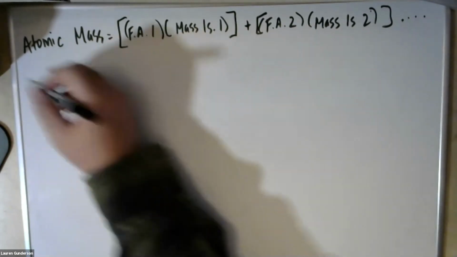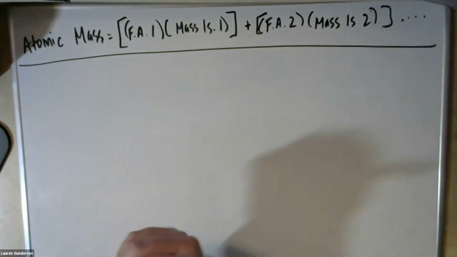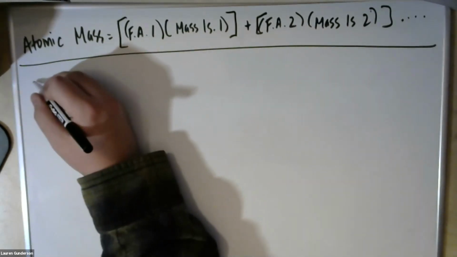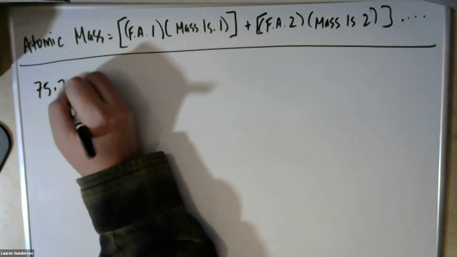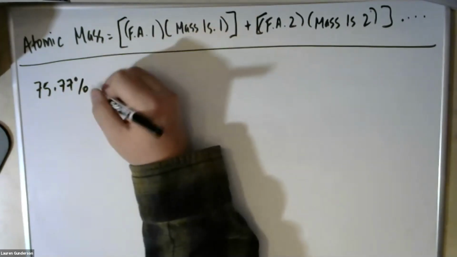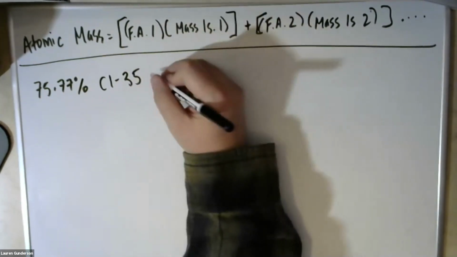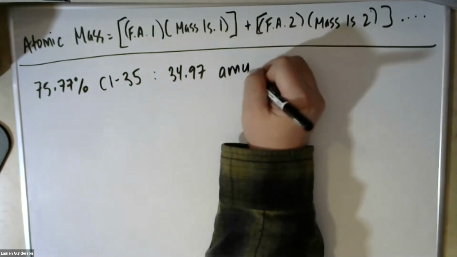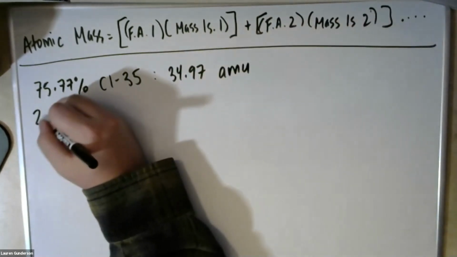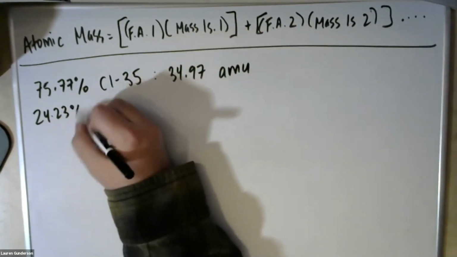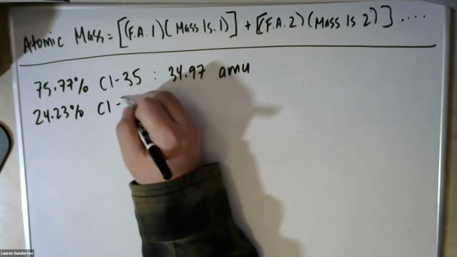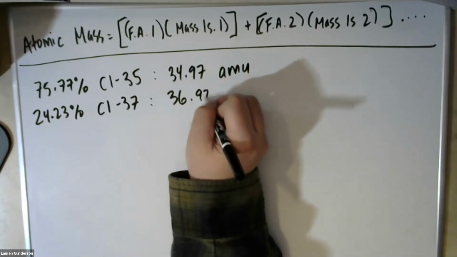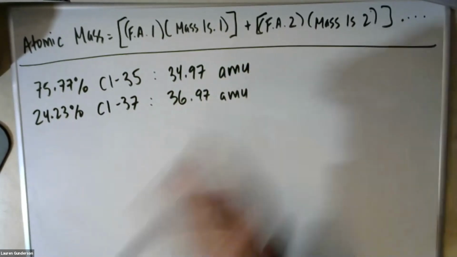Okay, so the question that we were given here is that naturally occurring chlorine consists of 75.77% Cl35, which has a mass of 34.97 AMU, and 24.23% Cl37, which has a mass of 36.97 AMU.